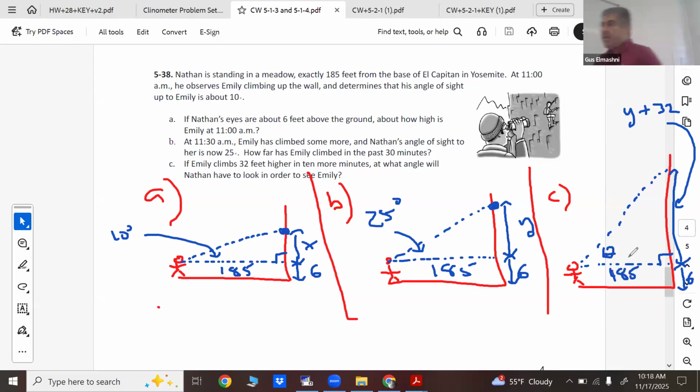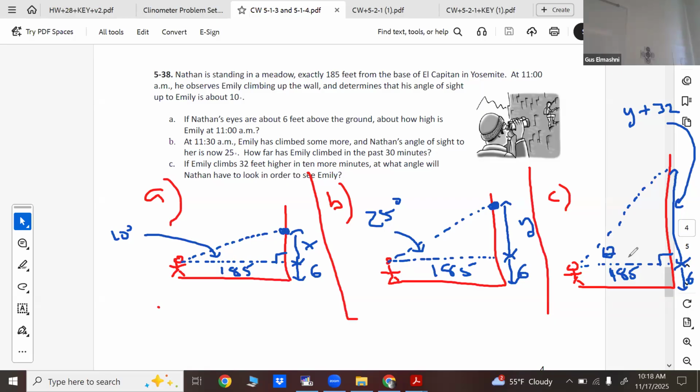All right. So what I did, to be efficient here, let's just get all the diagrams out of the way. Let's just understand the scenario. He sees his friend, 10 degrees. We have to solve it. Then he waits like 30 minutes. She's probably higher, so he has to look even higher to see her. We have to figure that out. Finally, she climbed 32 more feet after the second situation.